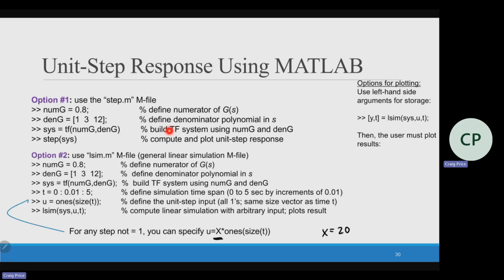So now I have a step of 20, and we can simulate what that output would be, because most of the time I don't just have a unit step. So that line of code is there. Again, you can just copy and paste it depending on what your transfer function is. And then using this, we can put any kind of constant step in there.